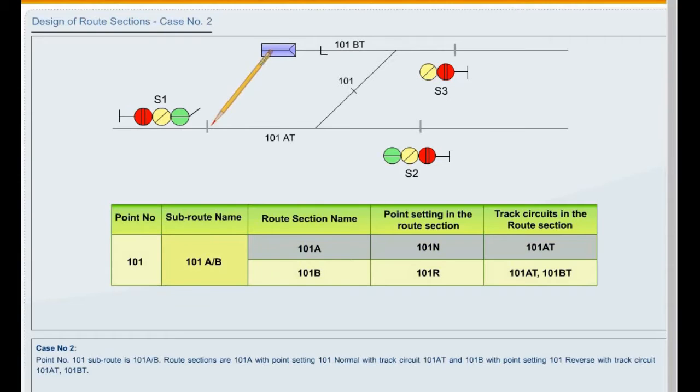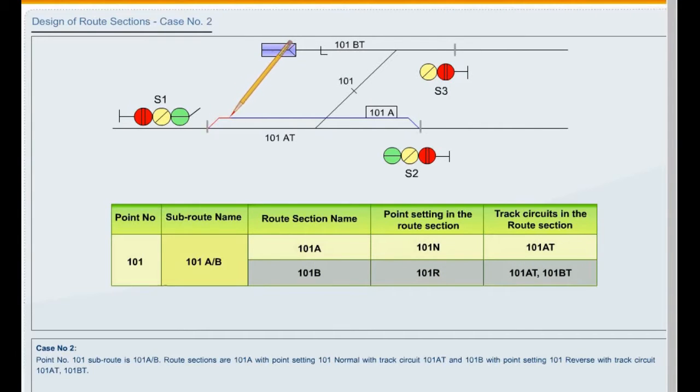Point number 101 subroute is 101A by B. Route sections are 101A with point setting 101 normal with track circuit 101AT, and 101B route section with point setting 101 reverse with track circuit 101AT, 101BT as shown in the table below.